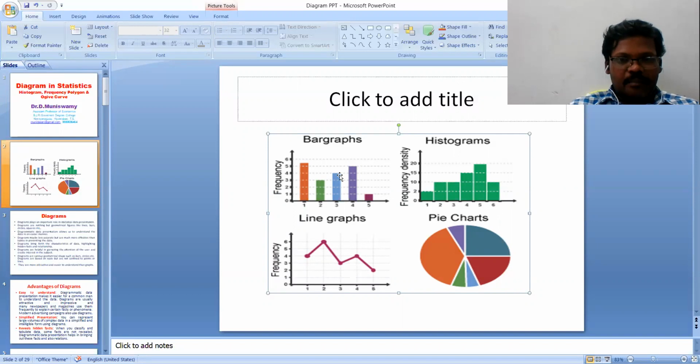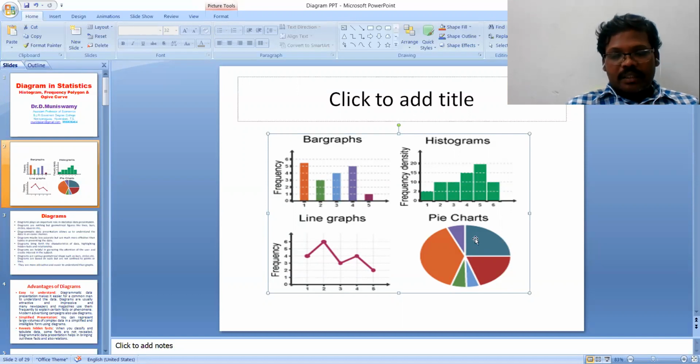Both are rectangular, but in the bar diagram there is a gap between one unit and another, whereas in the histogram there is no gap between one unit to another, one population to another, one sector to another. There should be a continuous series in histograms, whereas in a bar diagram we have a gap between one unit and another.